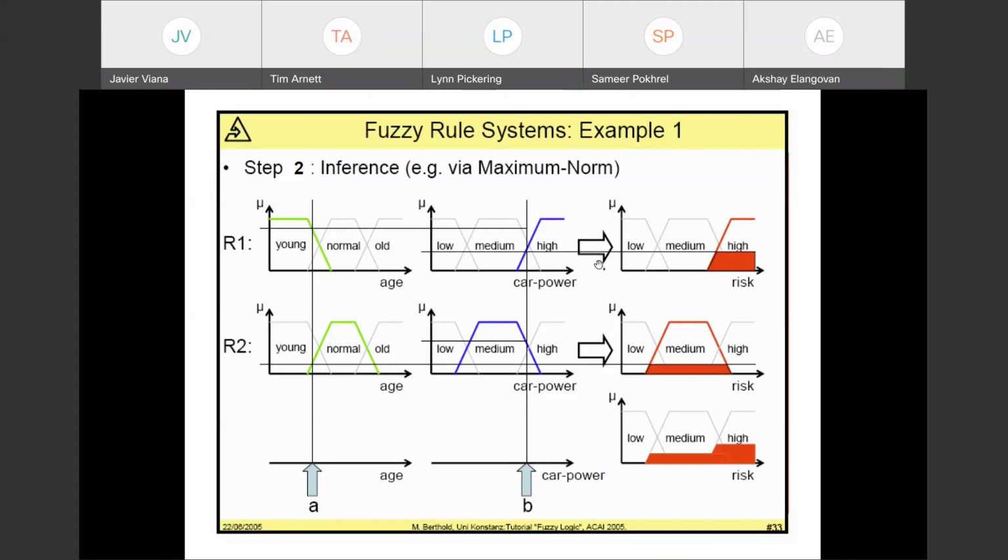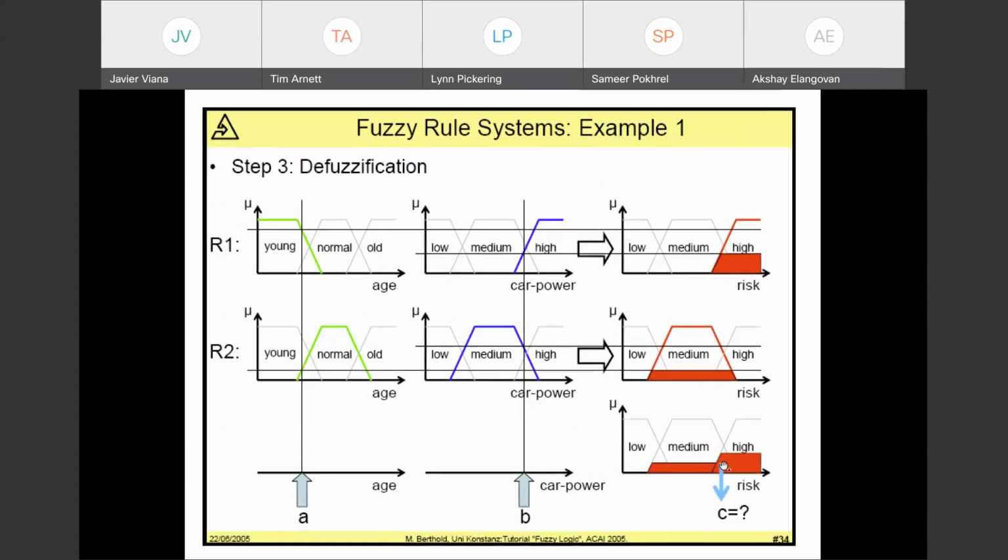Then we know the output's high, but then we can see the contribution from each of these based on the minimum value on the input side. So we have this active output. The other rule that we have active says that medium should be active this amount, and then we have the combination of those into this aggregate.